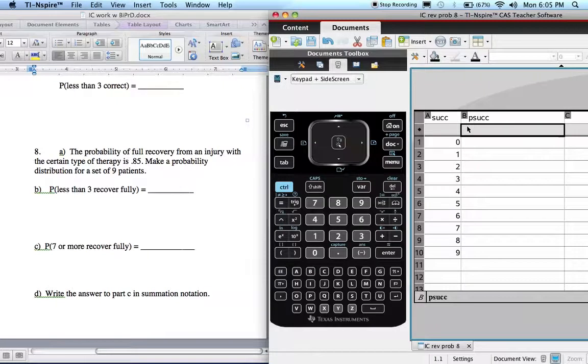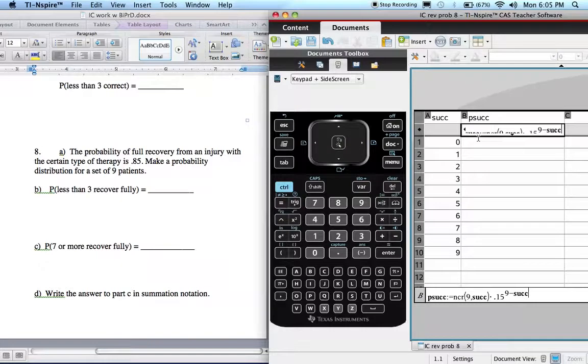We're going to do it because we have this new column here. We don't have to use the sequence command. We can just use our probability command, and it goes like this: nCr 9 comma success, close that, times 0.15 to the 9 minus success.